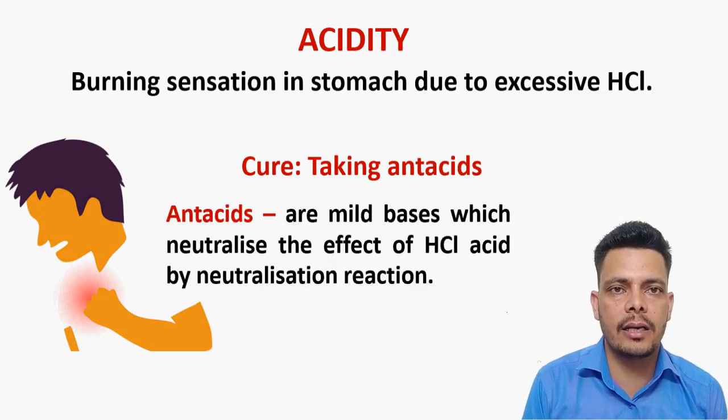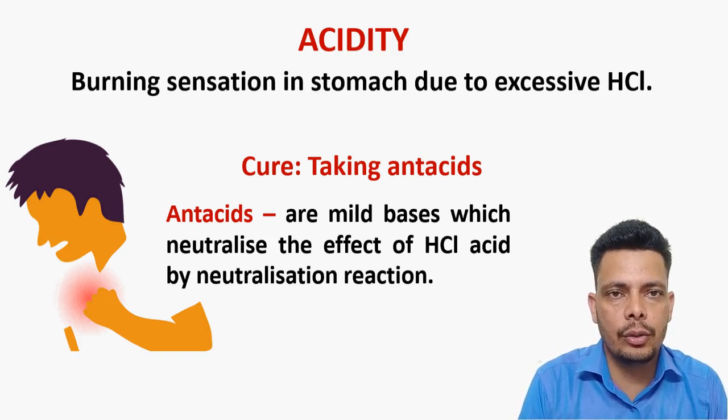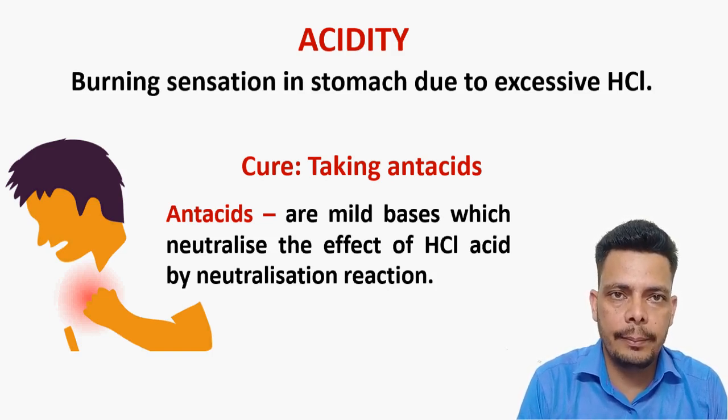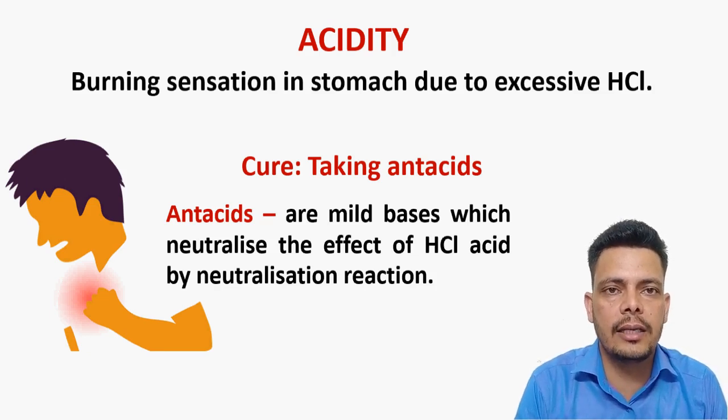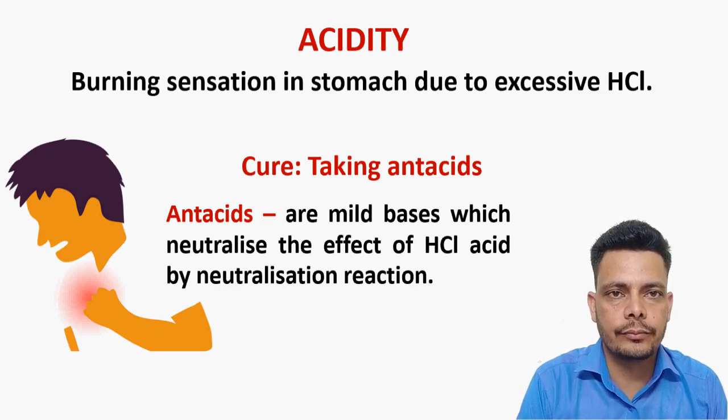Antacids are basically bases which neutralize the acid and make water and salt. So there is milk of magnesia, there is Eno, there is Digene, and mild bases are present in them that neutralize the acidic effect in our stomach and stop the acidity. So now you have understood the digestion in the stomach.